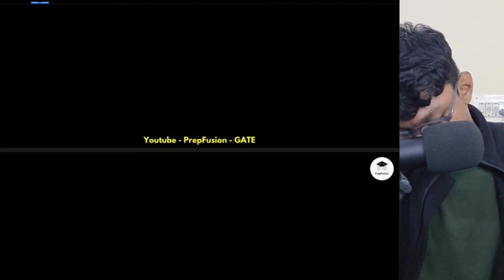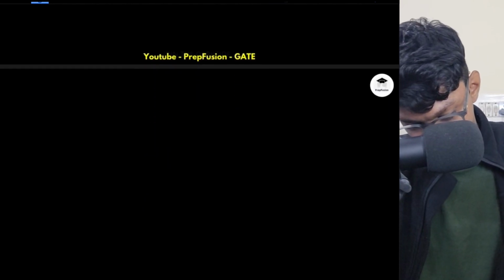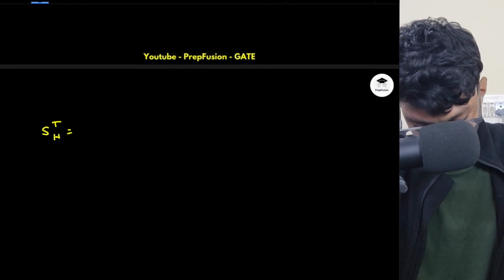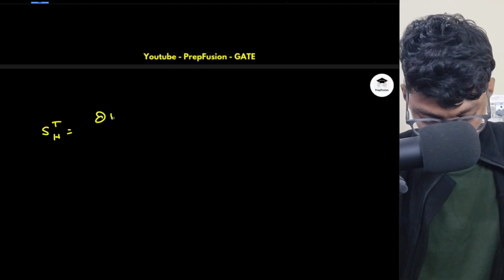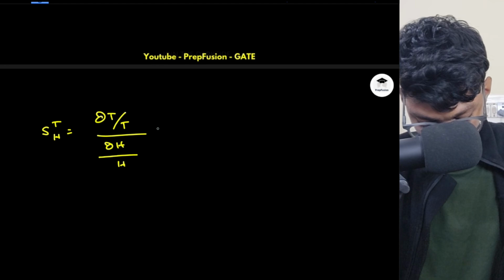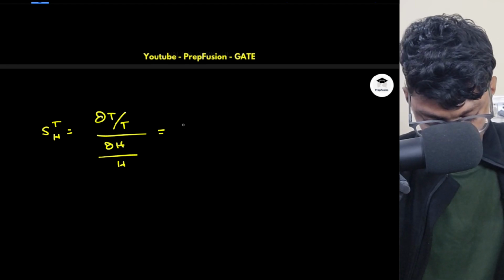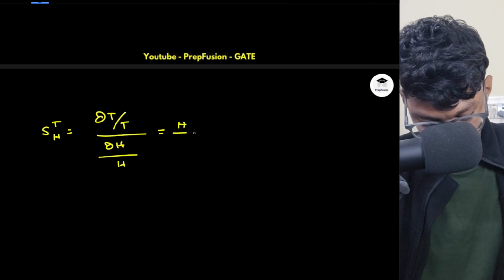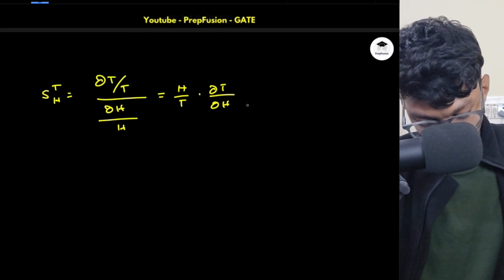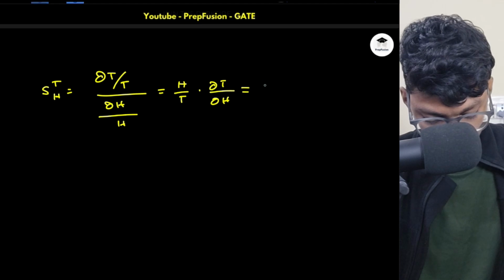For beta, first of all I have to write down the sensitivity of the transfer function with respect to h. So what is it? It is again del t by t divided by del h by h. So it is h divided by t into del t by del h.